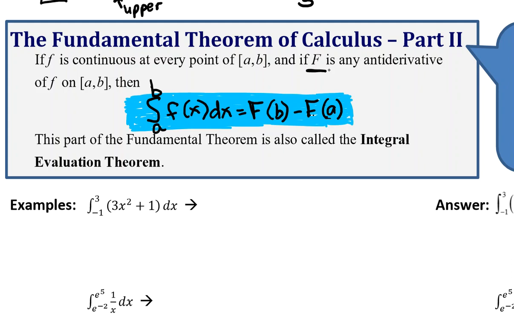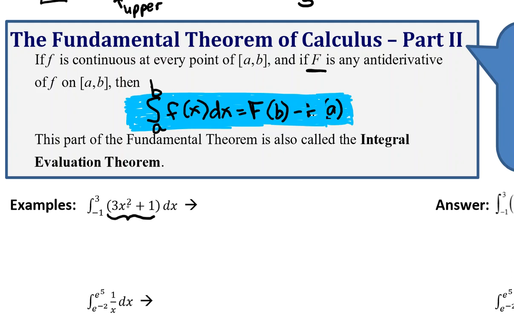So remember, there's a family of antiderivatives when we add our constant of integration c. So we can pick any of those antiderivatives for our capital letter F. So it makes sense that we might choose the simplest and let c be equal to 0. So if we can find an antiderivative of the integrand, let's try some examples here.